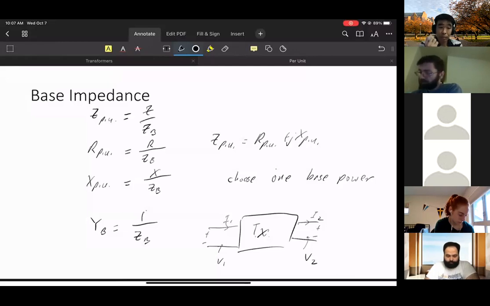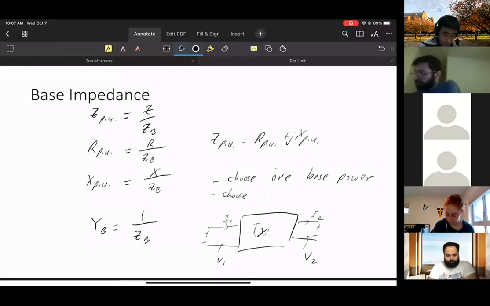Then we have another choice to make. We need to pick a base unit for either the voltage or the current. What we do is choose a voltage base for each voltage level.